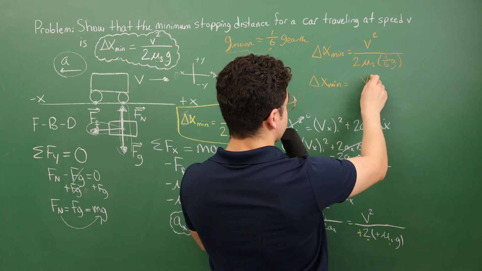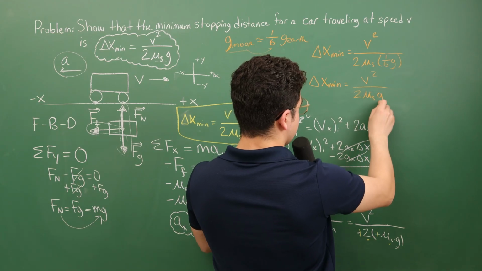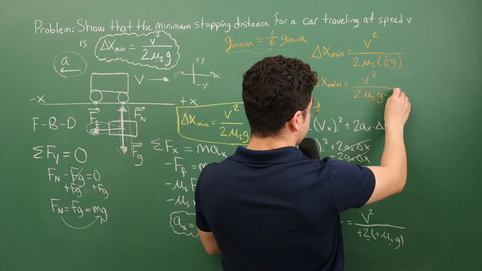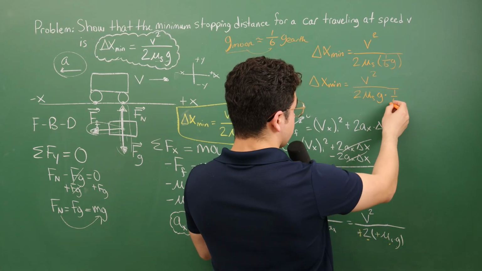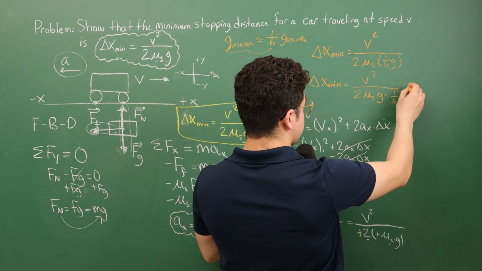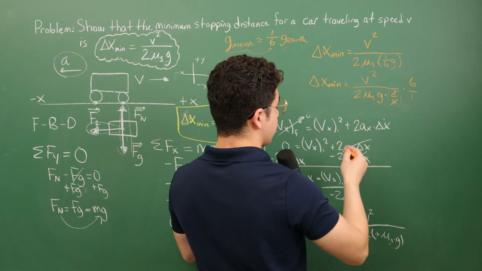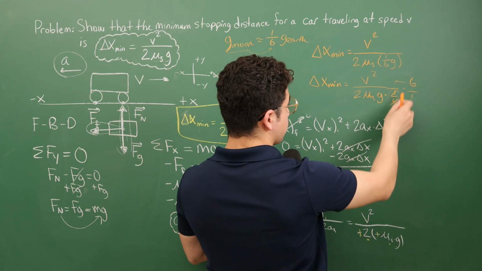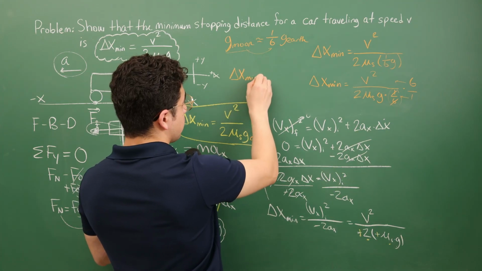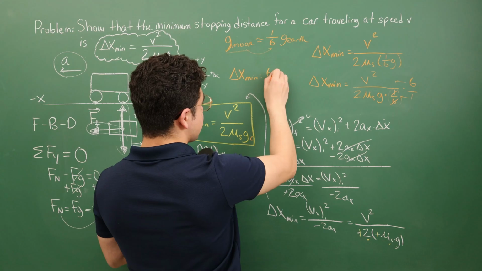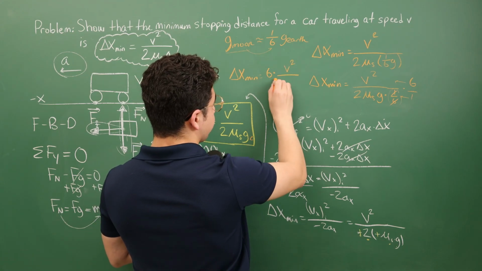So let's show the algebra here. V squared over 2 mu s g, but on the bottom it's multiplied by 1/6. I could easily fix that fraction down here by multiplying by its reciprocal, 6/1, to cancel this out. And so the 6 belongs to the numerator, the 1 belongs to the denominator. The minimum distance is 6 times that of what we have on Earth.